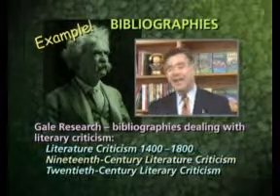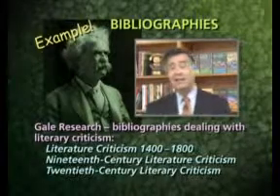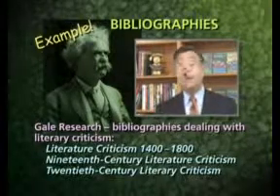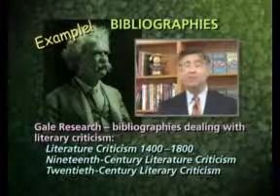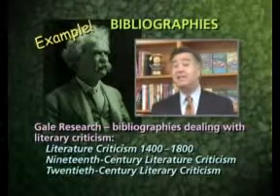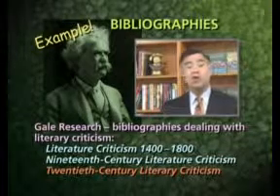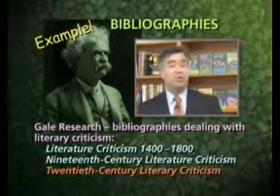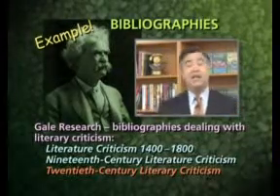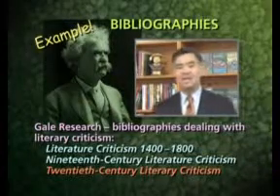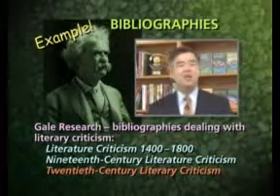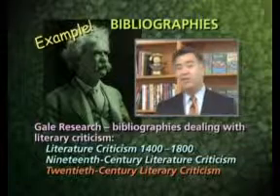But no, the editors at Gale chose to organize their sets according to the date of death of the author. Twain died in 1910, so he is classified as a 20th century author, even though most of his writings were published in the 19th century. Therefore, Twain's works are discussed in writings listed in the third set in the Gale series, not the second.